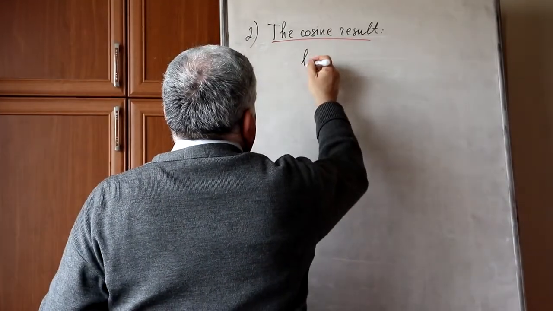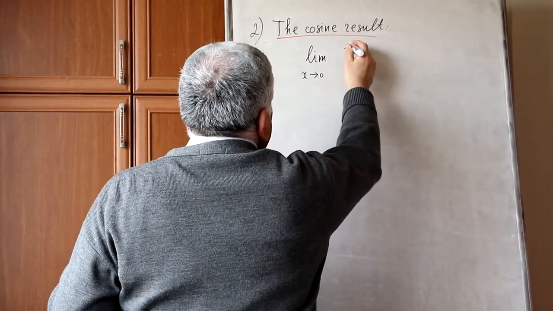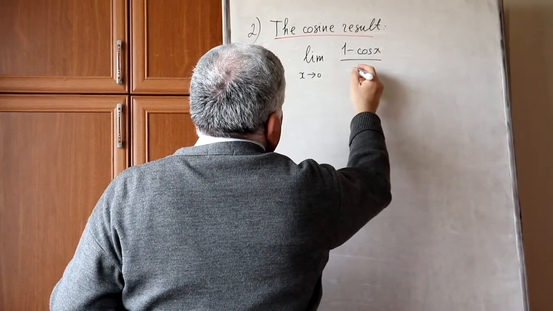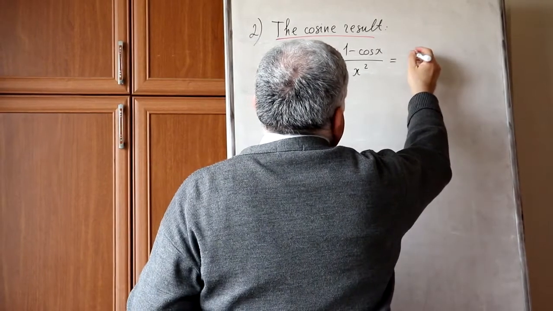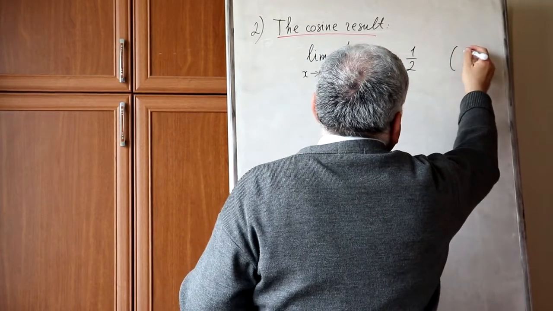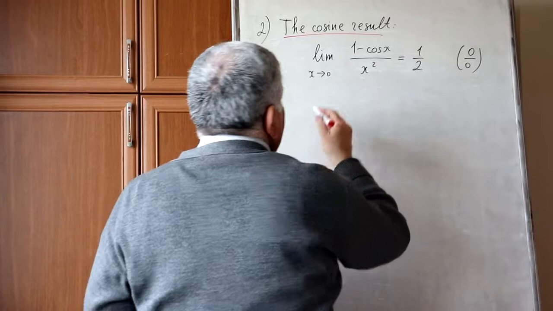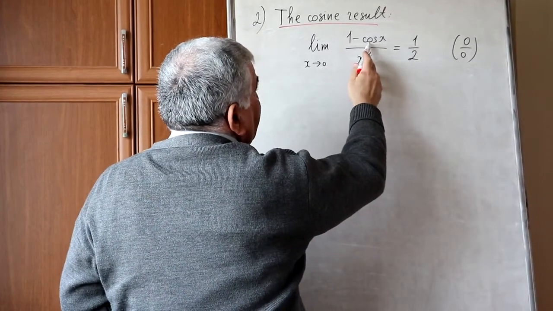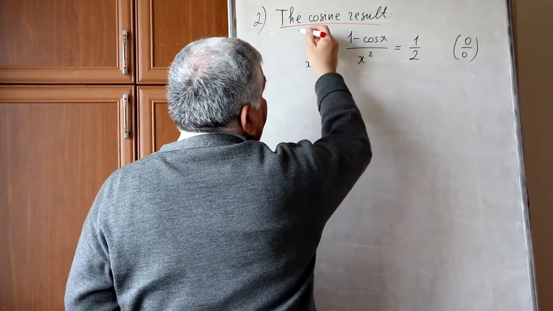Limit when x tends to 0 of 1 minus cosine x over x squared is 1 second. It is an indeterminate form of type 0 over 0. Why? Because if we substitute 0 instead of x, we will obtain cosine of 0 is 1, 1 minus 1 is 0, divided by 0.